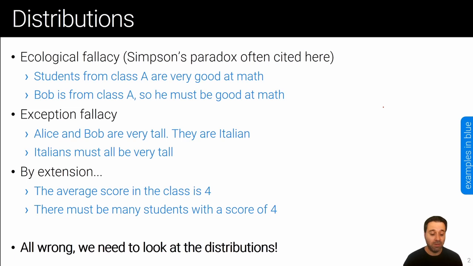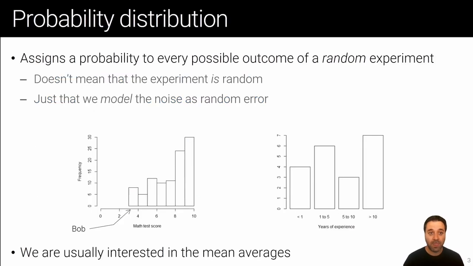So let's start talking about distributions. A probability distribution is essentially just a function that assigns a certain probability to every possible outcome of a random experiment, such as measuring the score in a test or measuring the height of a person, etc. Now, when we talk about random here, we don't mean that the outcome is random.